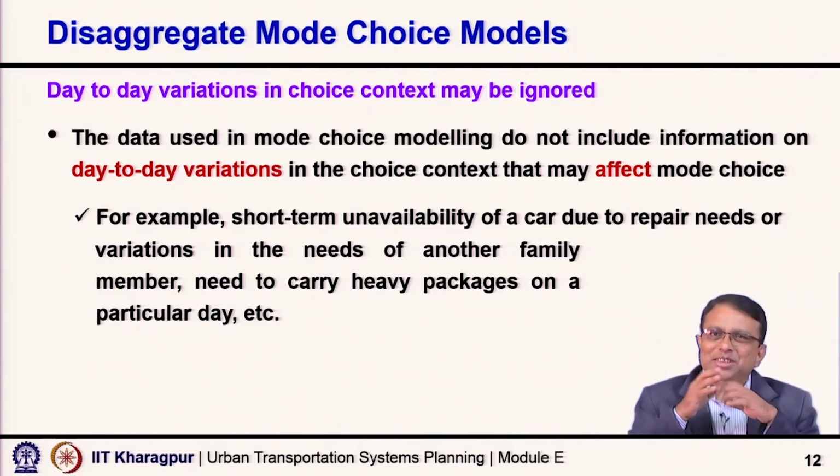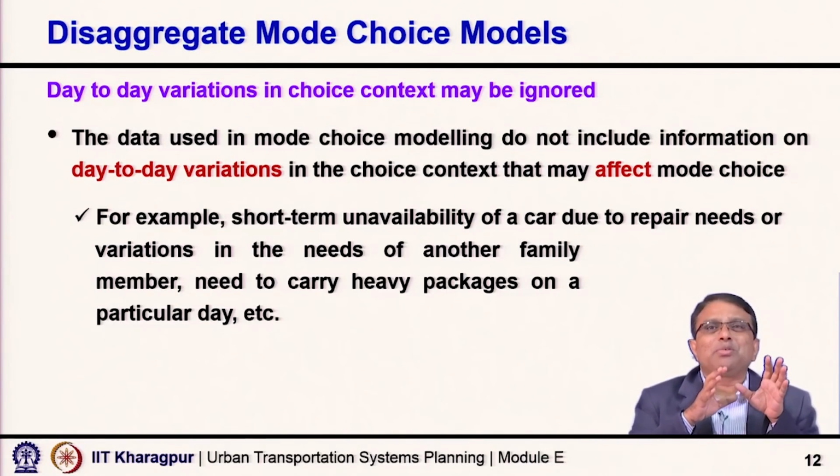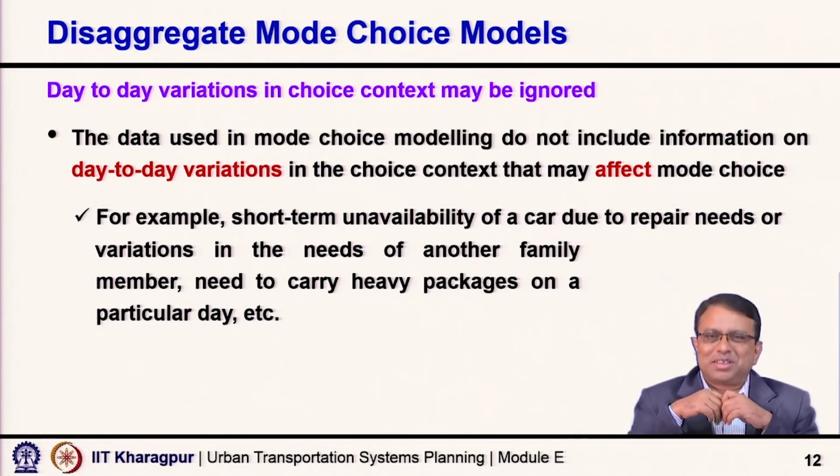So, in our next lecture, this will be our foundation. These are all the valid reasons why we would deviate from the deterministic disaggregate mode choice model and go to the probabilistic disaggregate mode choice model. That will be our discussion in the next few lectures next week.